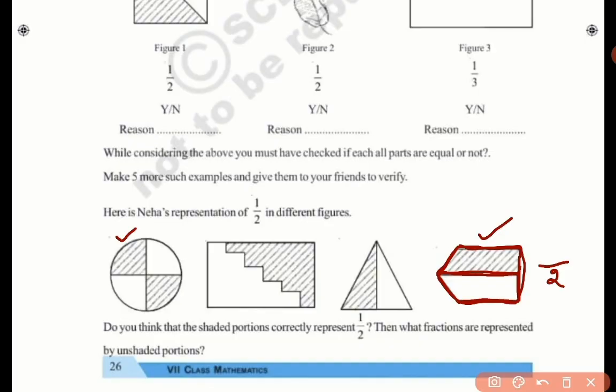And what about the unshaded portion? How many unshaded portions are there in these two? You have 1, so it is again 1 by 2. Just think about these three diagrams. Do you think these different figures, represented as 1 by 2, are correct or not?